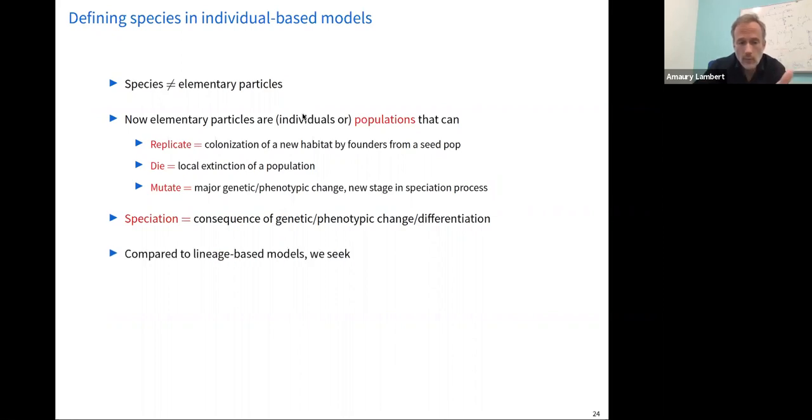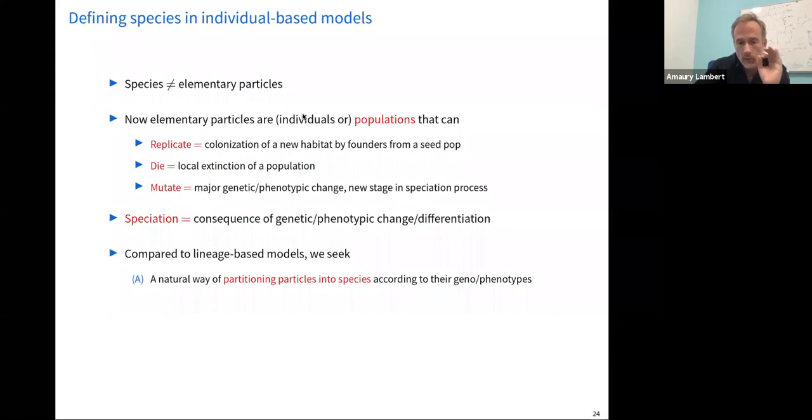And now compared to the lineage-based models, where we very simply had new species occurring, and it was very easy to define the species phylogeny, and we had a very efficient way of simulating and inferring from the phylogeny, now we need to have a natural way of partitioning the particles, the populations, into species according to their phenotypes or their genetic differences.